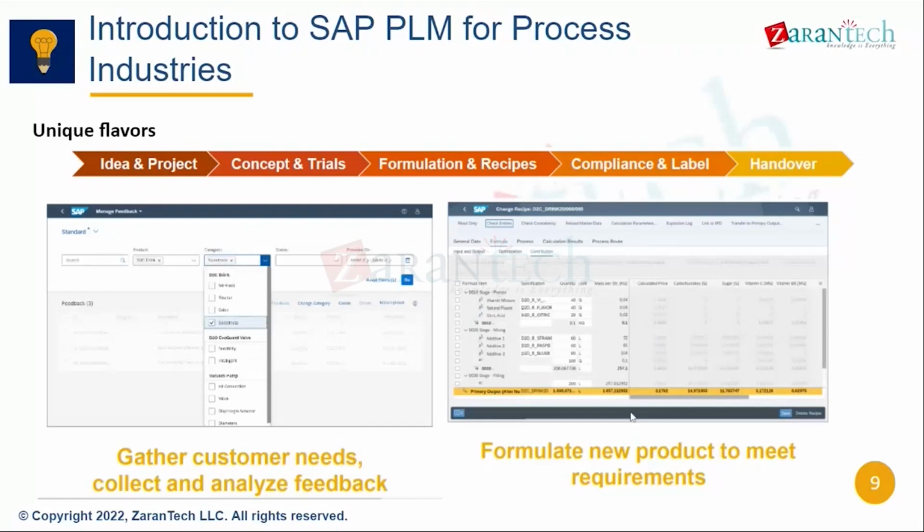Basically, this app is accessed by the marketing team of that particular product. Suppose they do a survey and find that for my ice cream, customers are demanding a certain flavor or change. The marketing team will log this feedback, and post approval it will be sent to the formulator to implement in the recipe.